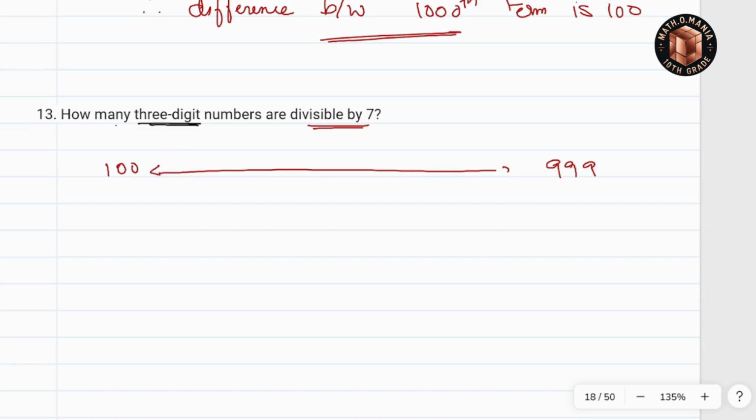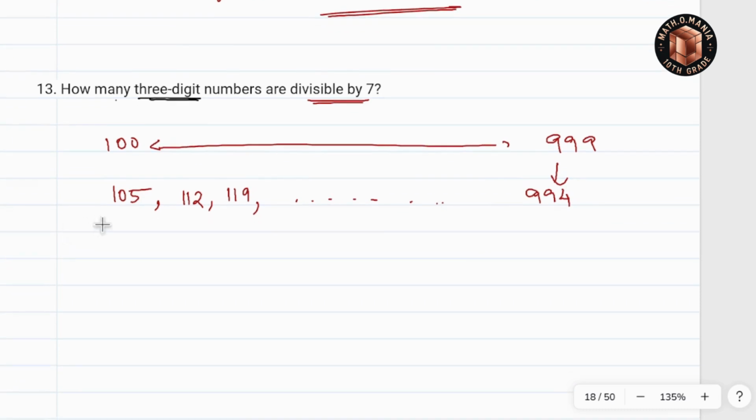On checking, I will get the first number which is divisible by 7 is 105 and the last number which is divisible by 7 is 994. The next one is 112, the next is 119, like that it goes on. Now we got our AP, right?